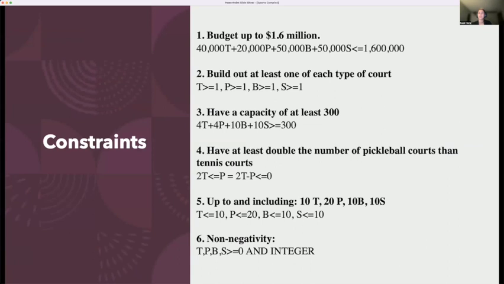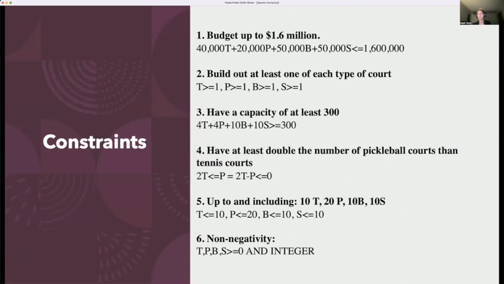The fourth constraint is to have at least double the number of pickleball courts to tennis courts. I illustrated that with 2T less than or equal to P. And I rearranged the inequality to make sure that I'd have a 0 on the right-hand side so that the model would be able to work. The reason I wrote it out like this is because if there are 2 tennis courts, there should be at least 4 pickleball courts.